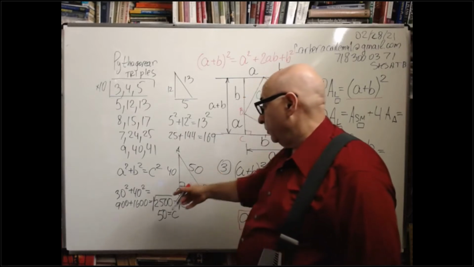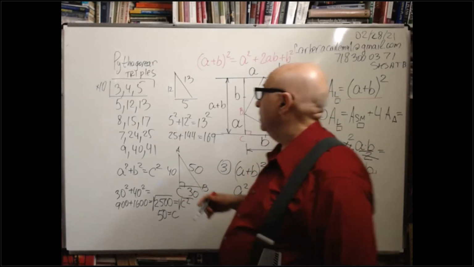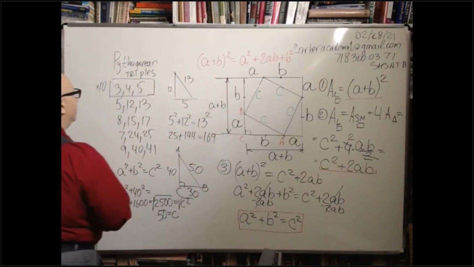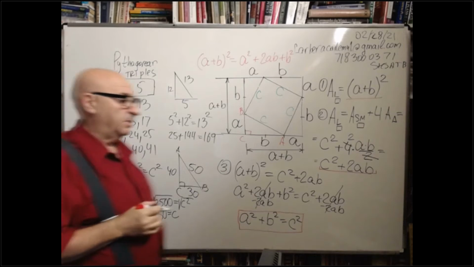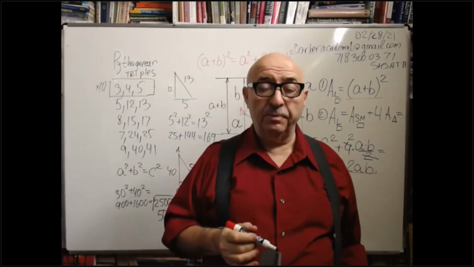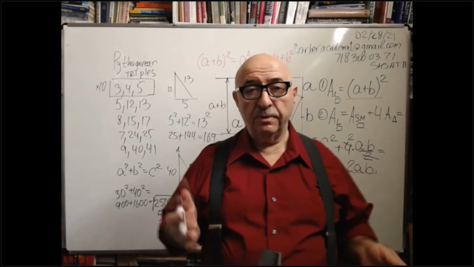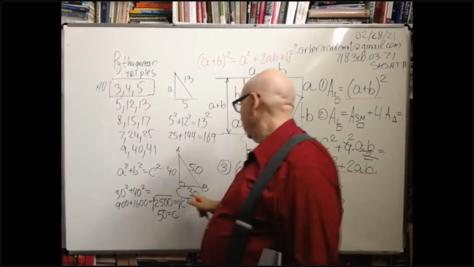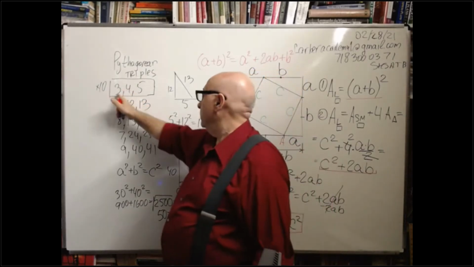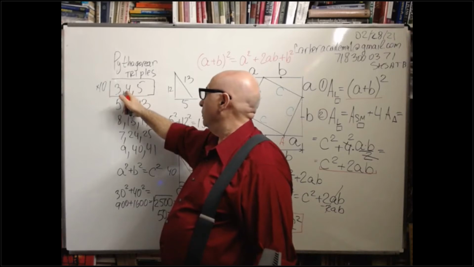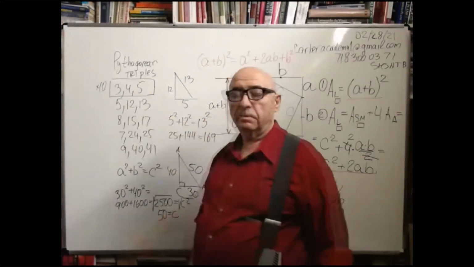But instead of doing it this way, when you know the Pythagorean triple 3, 4, 5, and you know that whenever you multiply this by any value, you get the same relationship between them. I will multiply by 10 because this is 30. 3 times 10 is 30, 4 times 10 is 40, and this would be 50.